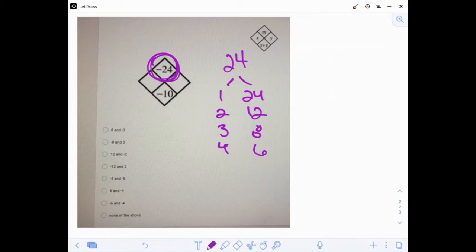And it's negative, so that throws another wrinkle in the mix. I'm looking for two factors of 24 that when added together are going to equal -10, okay? So it looks like the only ones that are going to get me to that 10 are going to be these two: 2 and 12 and 4 and 6.